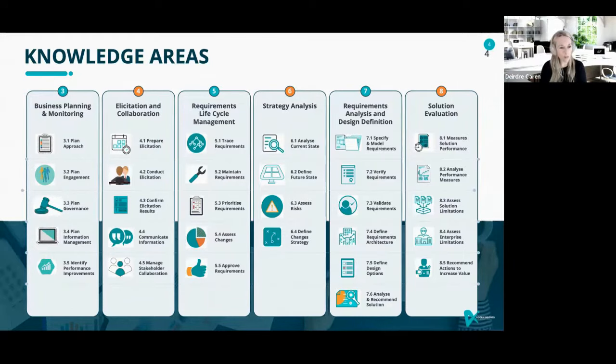You need requirements life cycle management, strategy analysis, requirements analysis and design definition, and solution evaluation. All up, you have 30 tasks that you have to do as a business analyst. You'll see a chapter heading and then a set of tasks, and all up, this adds up to 30.